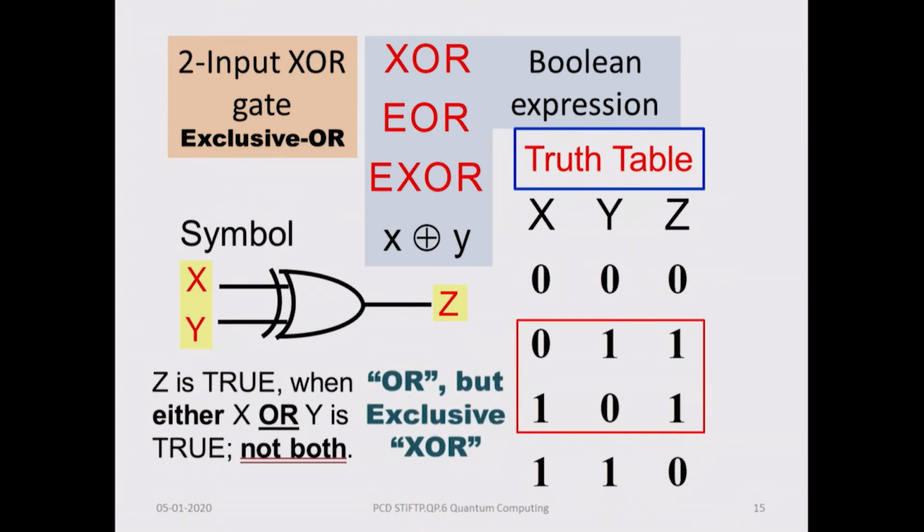Then you have the exclusive OR, XOR. And what the exclusive OR does is that it gives you a truth value 1 when either of the two inputs is on, but not when both the inputs are on. And of course, when both the inputs are off, it would give you 0. So, this is the exclusive OR.